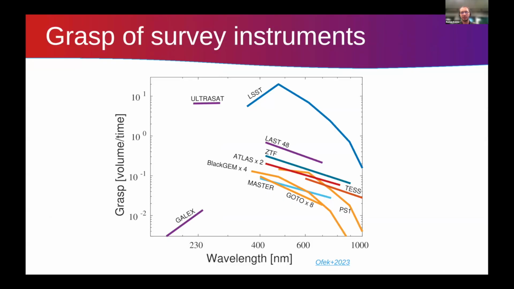If you compare the grasp now against current and near future surveys, this is for 48 telescopes, we see that it's fairly competitive in this measure. LSST dominates by far, of course, just due to the depth. Grasp 10 times as high, but 1,000 times the cost.